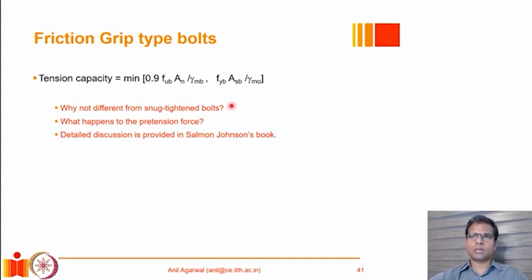The same amount of external force it can resist still. How is that possible? That is a very counterintuitive kind of phenomenon, and it is explained very nicely in the book that is one of the reference books that I have mentioned in the beginning of this course, by Selman Johnson's book. So I strongly recommend you to read that part. I'm not going to be able to explain that in this course, but it is recommended that you read through that material and develop an understanding of why that is the case.